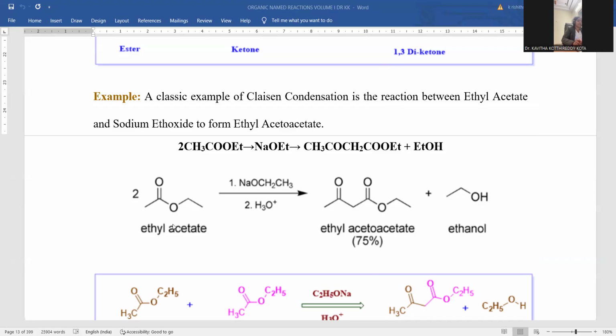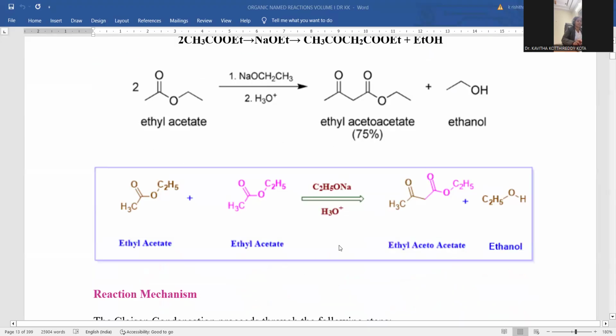The same reaction is shown in chemical skeleton structural form. Ethyl acetate, 2 moles, is treated with sodium ethoxide, followed by aqueous workup, and here is the product, ethyl acetoacetate. It is the industrial synthetic pathway for ethyl acetoacetate manufacturing. Ethanol is the other byproduct, as you can clearly observe.